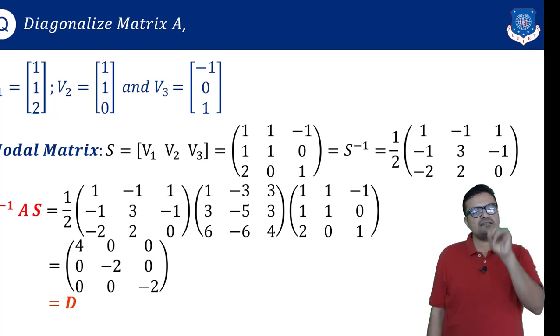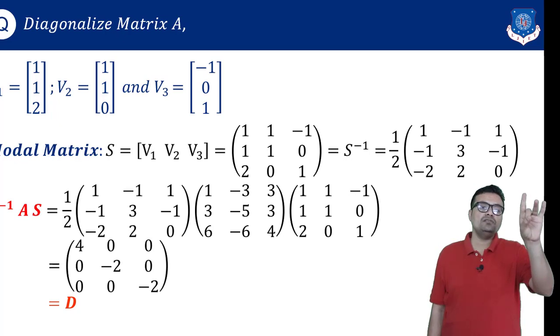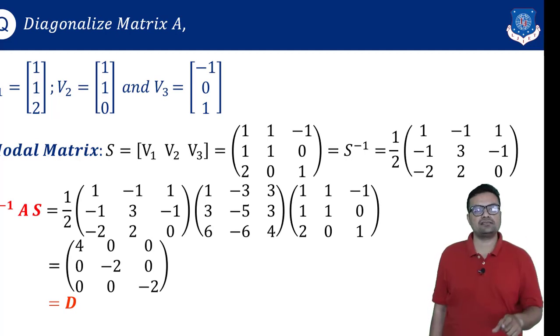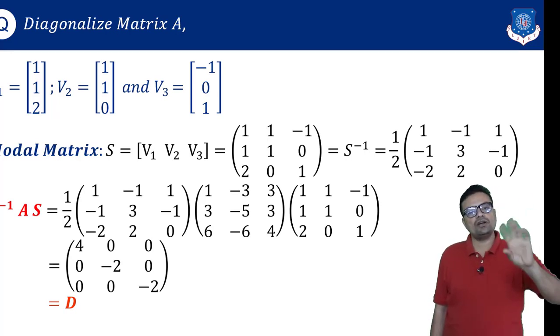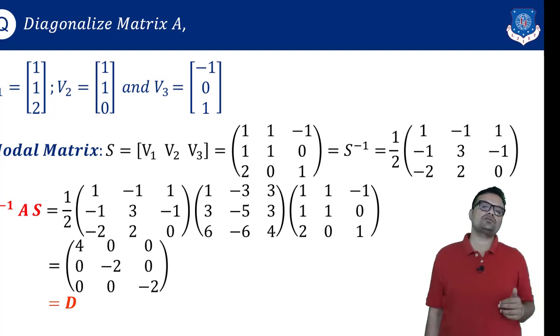If you observe at this junction, your first eigenvalue is 4. Your v1, the first vector of the modal matrix, and the first entry in the diagonal matrix are nothing but the pair of eigens. Eigenvector is (1, 1, 2), eigenvalue is 4. Similarly, v2, v3, (1, 1, 0) and (minus 1, 0, 1), are eigenvectors of minus 2.